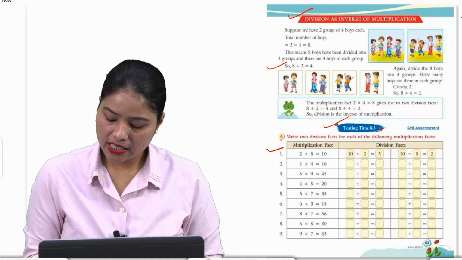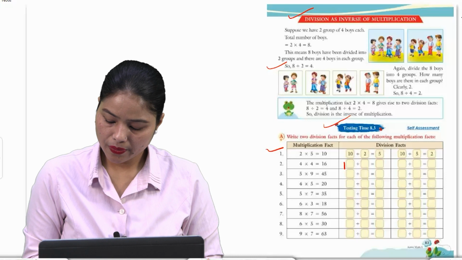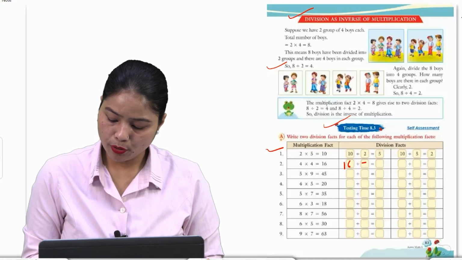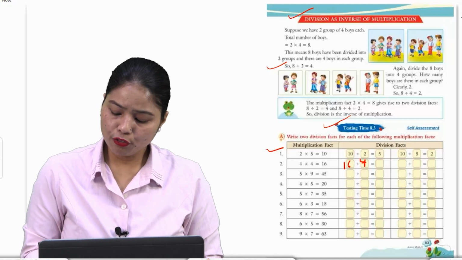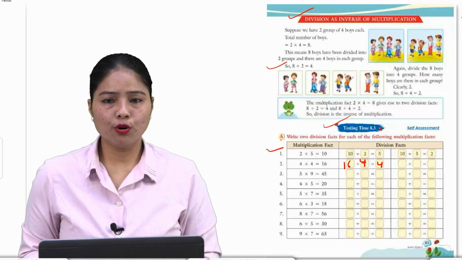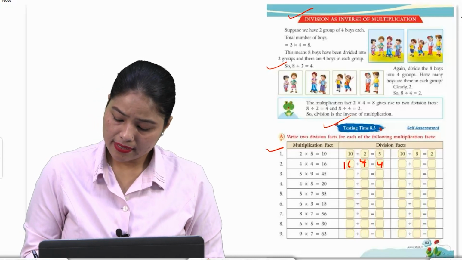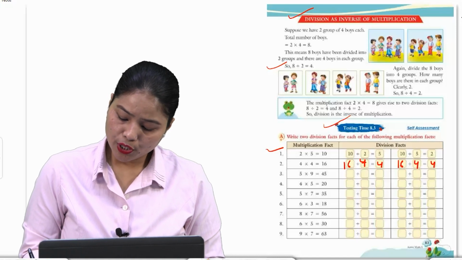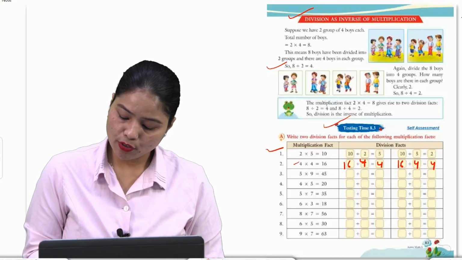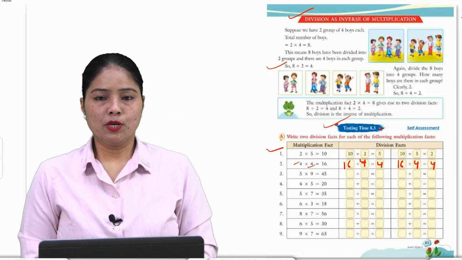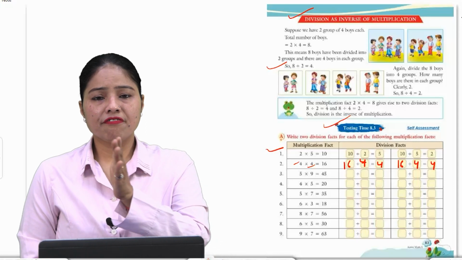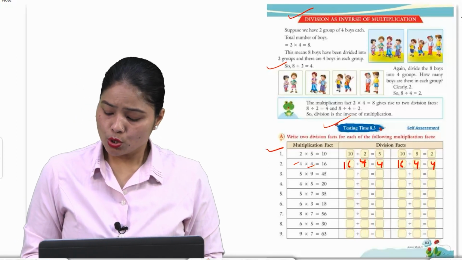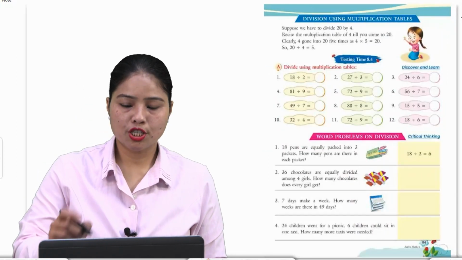So write 16. 16 divided by 4, you will get 4. Similarly, 16 divided by 4 you will get 4. Because we have to divide 16 once by this 4 and once by the other 4. Okay, so this is the division fact. I hope you understood. So these are the other blanks. You have to fill them in on your own, beta.